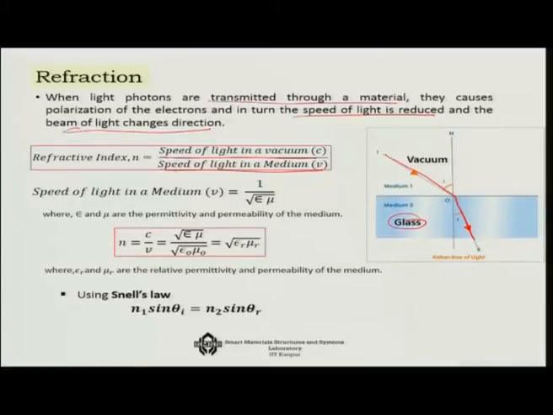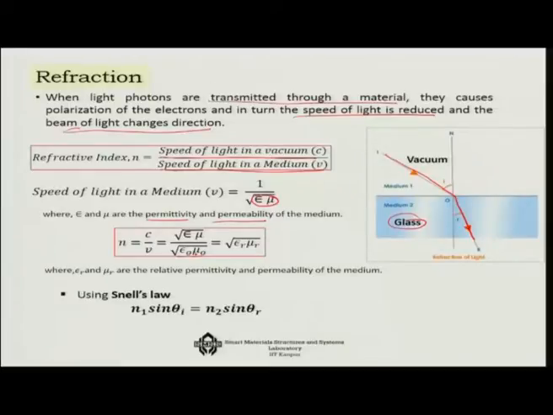Now, for any medium, what will be the speed of light? Well, for any electromagnetic system, I already told you that it is 1 over square root of epsilon mu, where epsilon is the permittivity and mu is the permeability of the medium. So, if I want to calculate n as c over v, then it is simply square root of epsilon mu over square root of epsilon 0 mu 0.